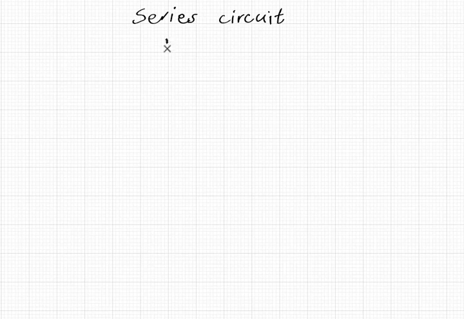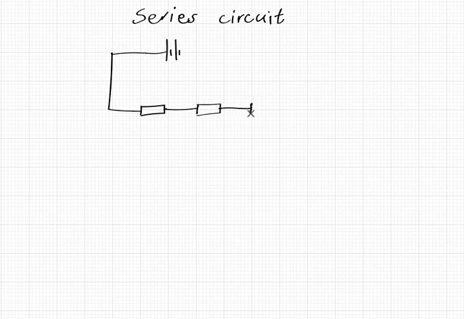Here is our circuit, the power supply. What do we have here? We have a resistor, then we have another resistor here, then we have another resistor here, and it goes all the way to this point.